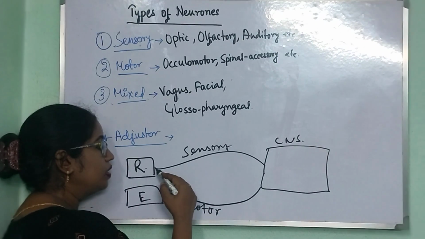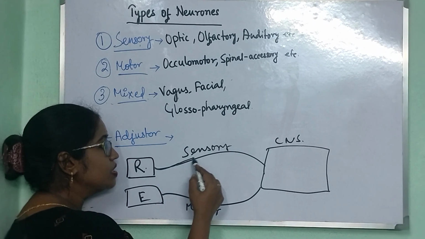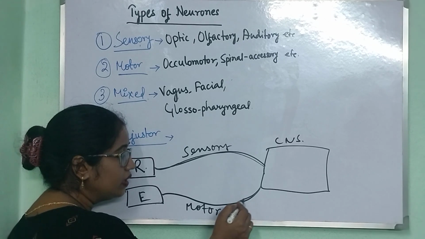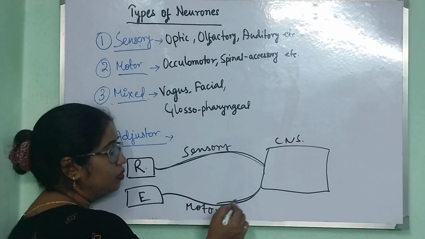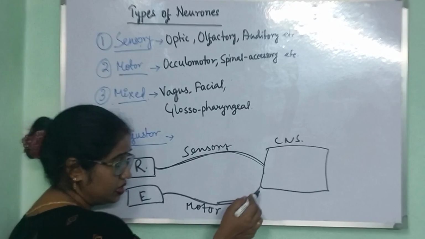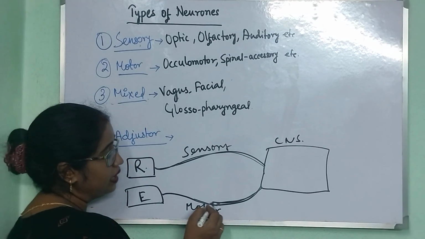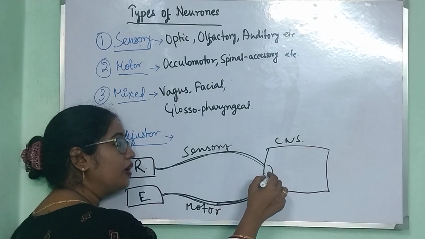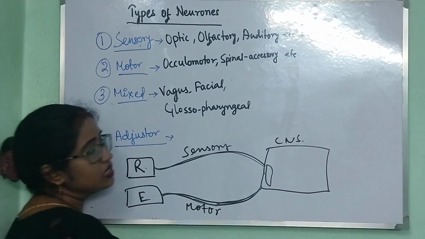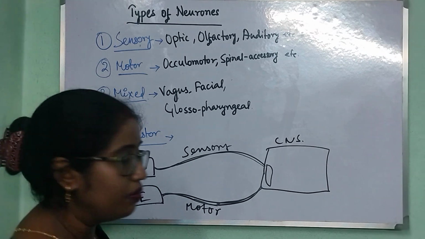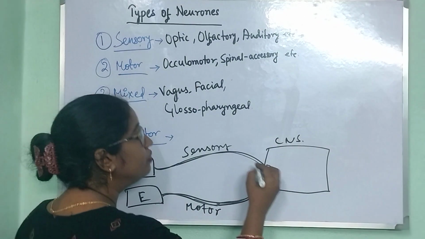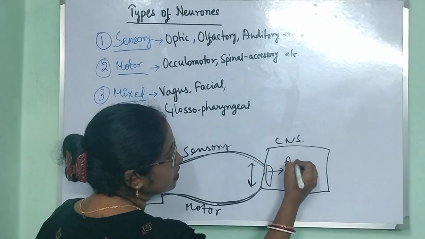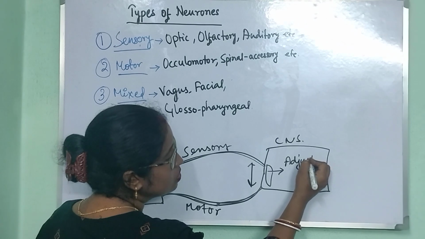So the information transmitted by the sensory neuron and the order transmitted by the motor neuron to the effector organ, the processing of the information or the joining of these two neurons, is done by the adjuster neuron.